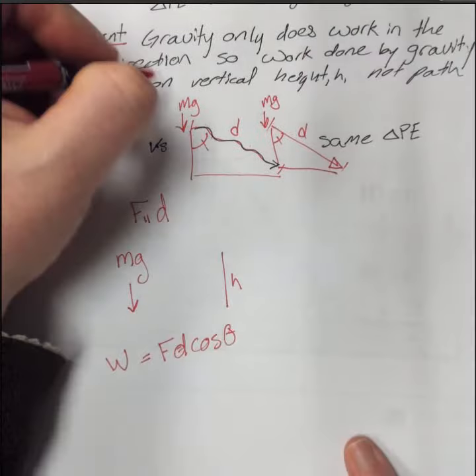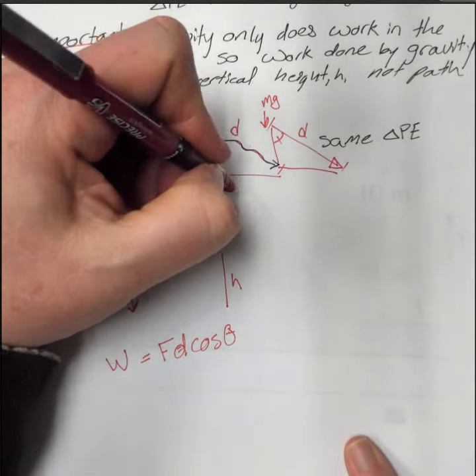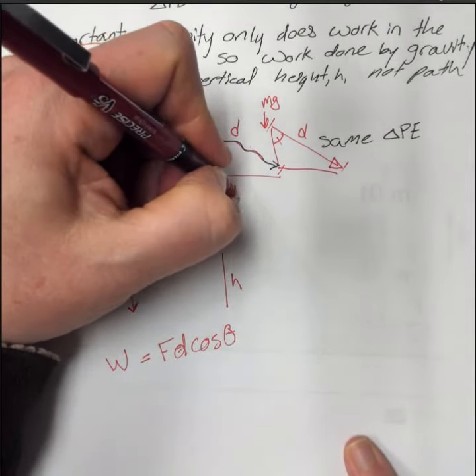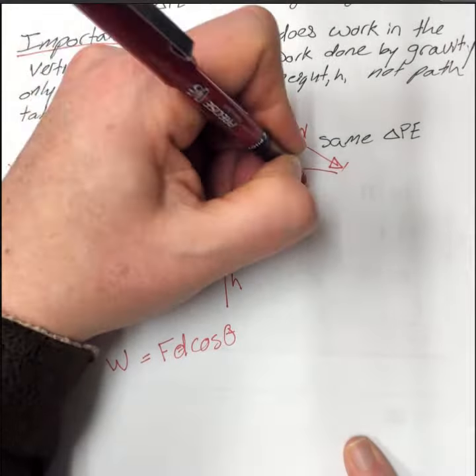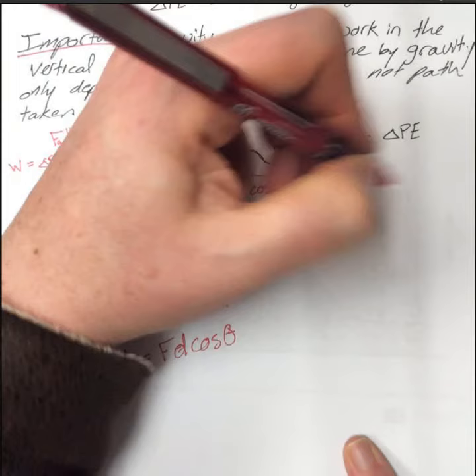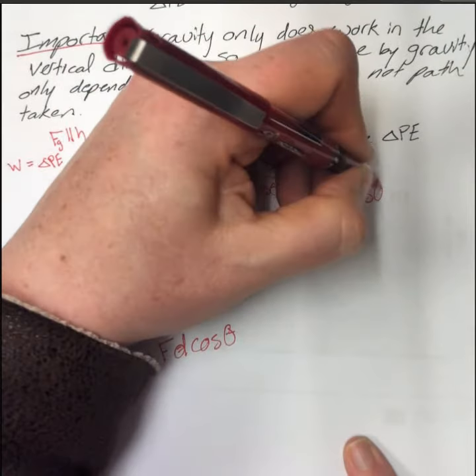So in both of these situations, it's going to be mg d cosine theta for both of these situations, and d cosine theta equals h.